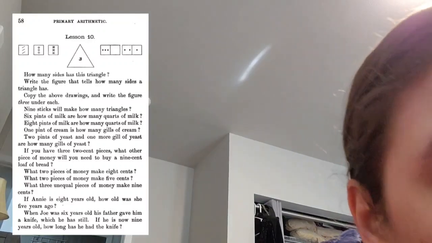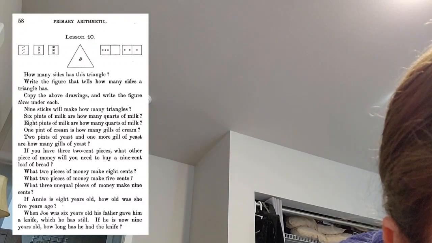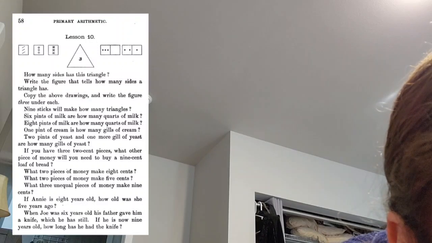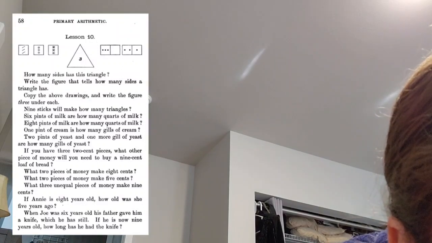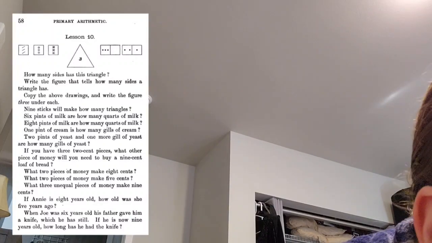I don't know. Let me see here. I don't know if they have a 7-cent piece. I know they have a 1-cent piece. Do they have a 6-cent piece and a 2-cent piece? I don't know. I'm kind of talking myself through this.